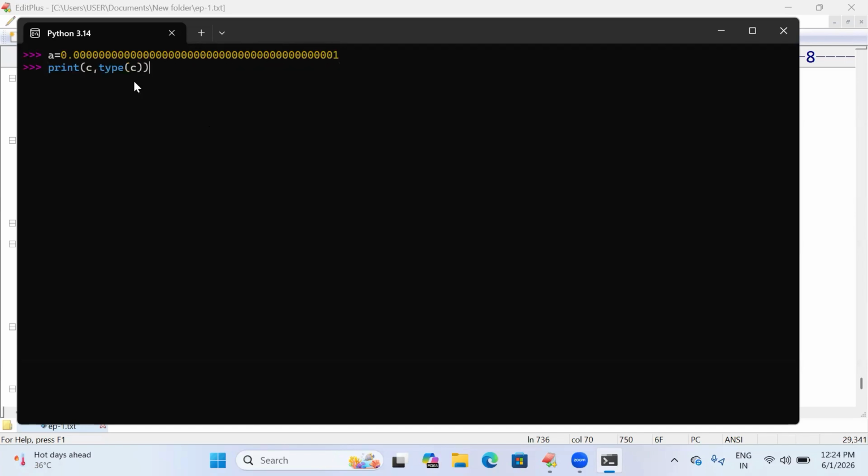I print the value of A and its type also. It has taken this value and converted it into scientific notation form. The 1 represents the last digit 1. E means exponent, e to the power of minus 42, meaning we have 42 zeros before the last digit 1.